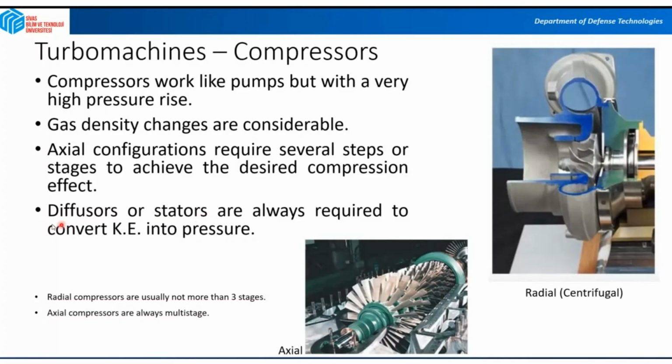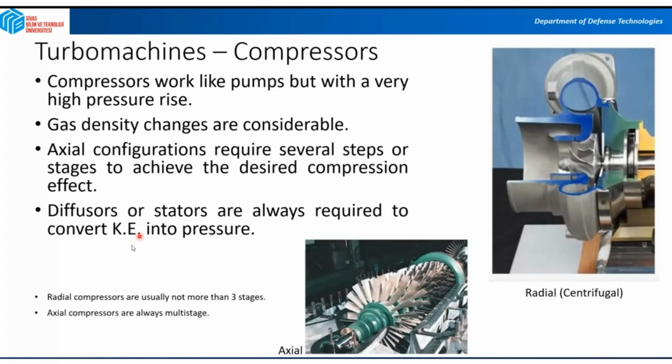So what is the usage of these stators or diffusers? They are there to convert your kinetic energy into pressure. We have a compressor, and the compressor is to give a rise in the pressure of the air. So what actually does this pressure rise? The diffuser or stator inside the compressor.